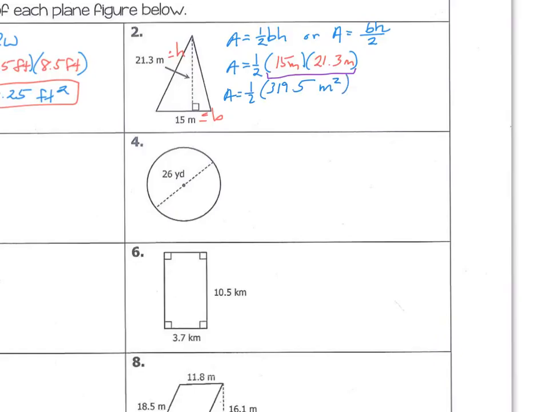And now I can take half of that. How do I take half of it in my calculator? Divide by 2. And so we end up with area equaling 159.75. I want the full answer, meters squared, because they mention nothing about rounding.